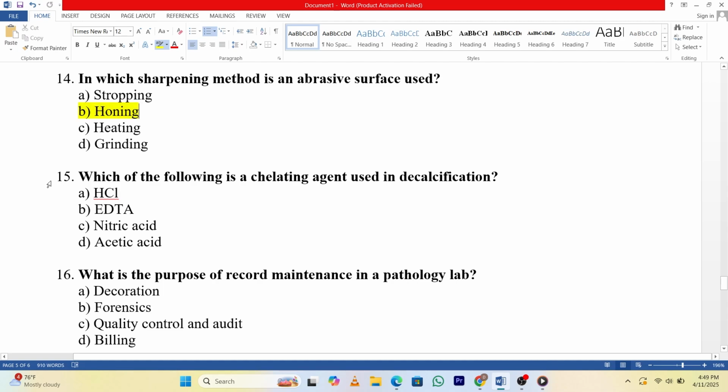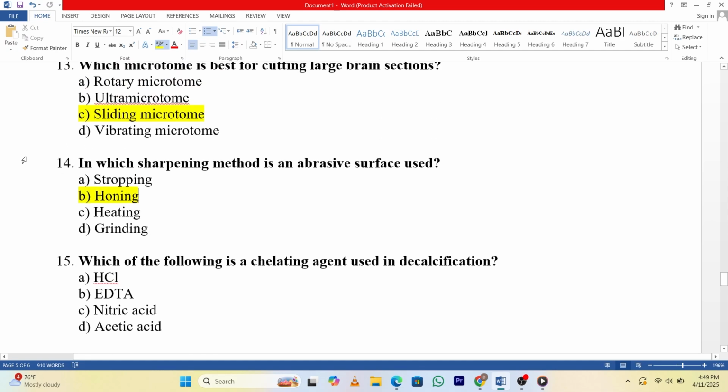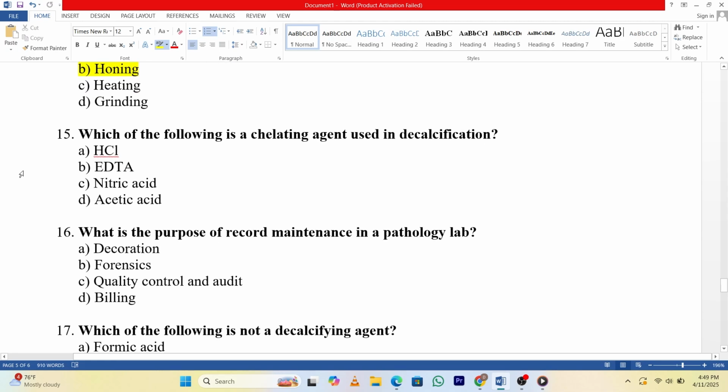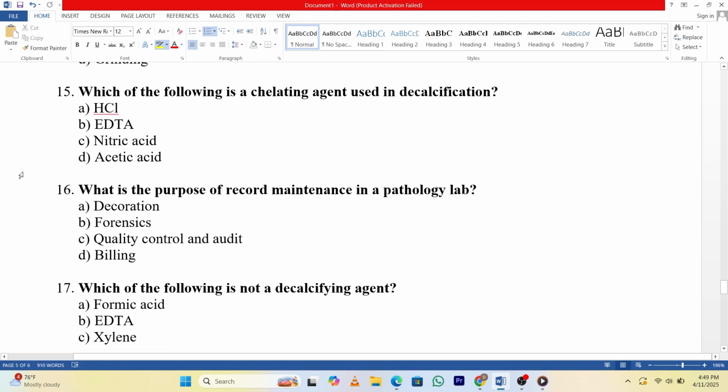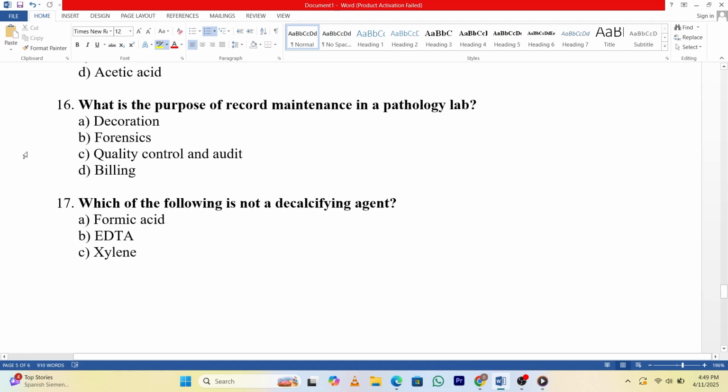15. Which of the following is a chelating agent used in decalcification? A. HCl. B. EDTA. C. Nitric acid. D. Acetic acid. Answer, B. 16. What is the purpose of record maintenance in a pathology lab? A. Decoration.